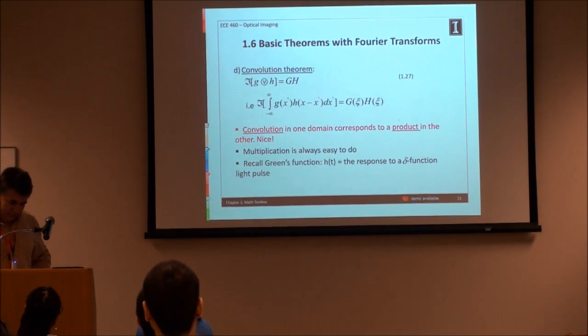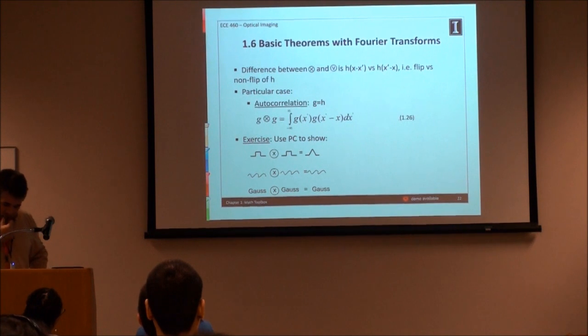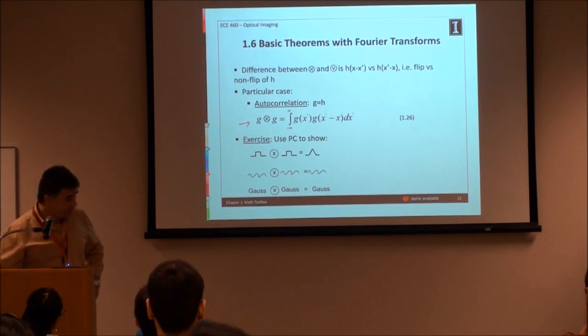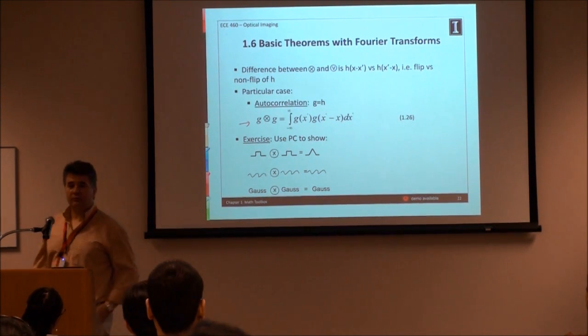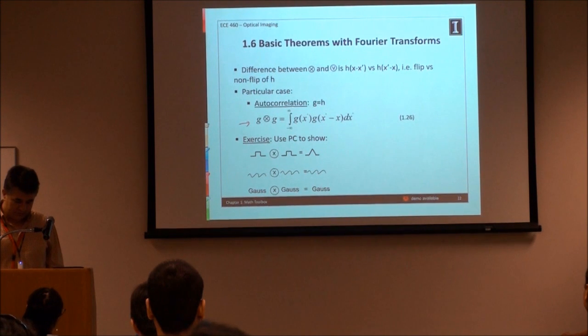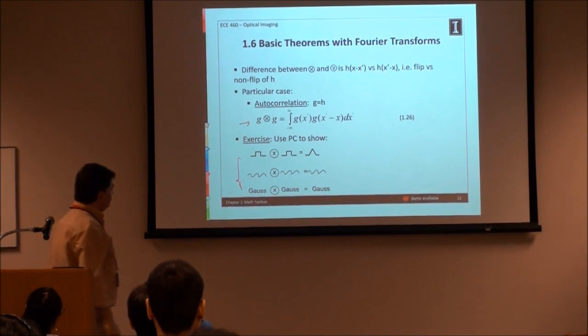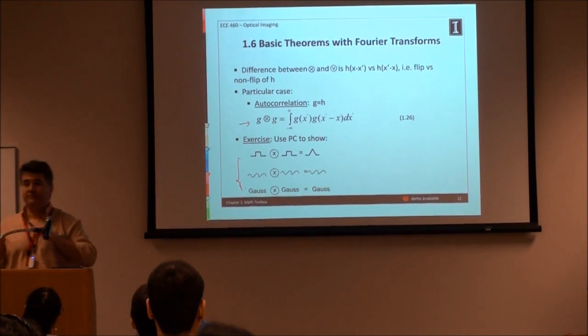These are just definitions, but the interesting part is another definition. If I correlate a function with itself, that's called autocorrelation. Right? That's terminology. Here's a thing you can practice for yourself in case you haven't done this already.